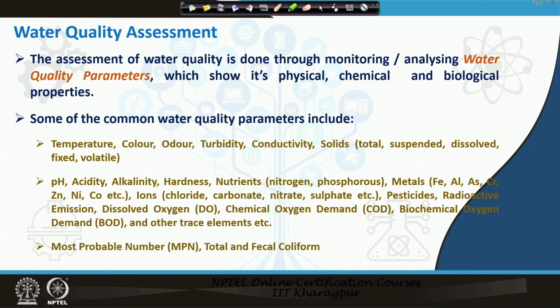Because we cannot distinguish just by physical appearance, we have to assess water quality through certain parameters, and these are called water quality parameters, which typically show the physical, chemical and biological properties of the water.